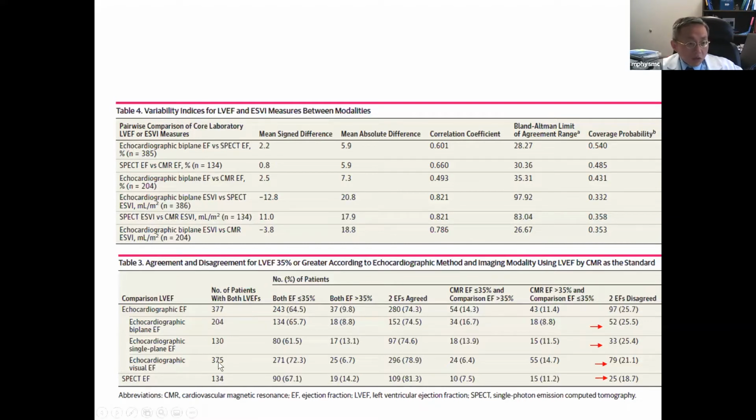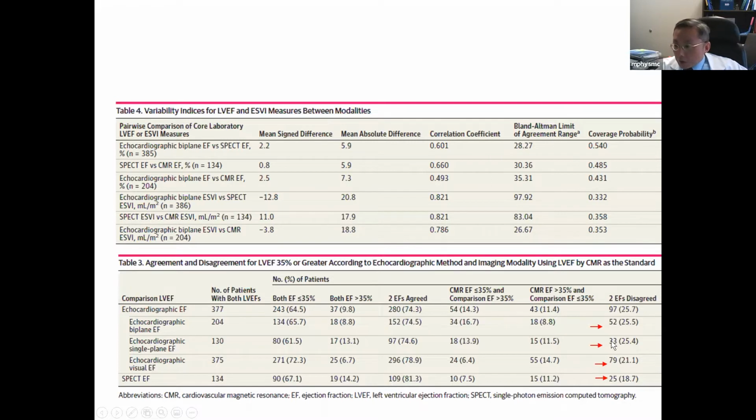Using CMR as the gold standard, SPECT agreed in 81% of the cases, whether EF was called more than 35 or less than 35, and 19% disagreed. And echo biplane method, which we consider a gold standard, 25%. I was even surprised here that even visually, that's almost as good as 25.